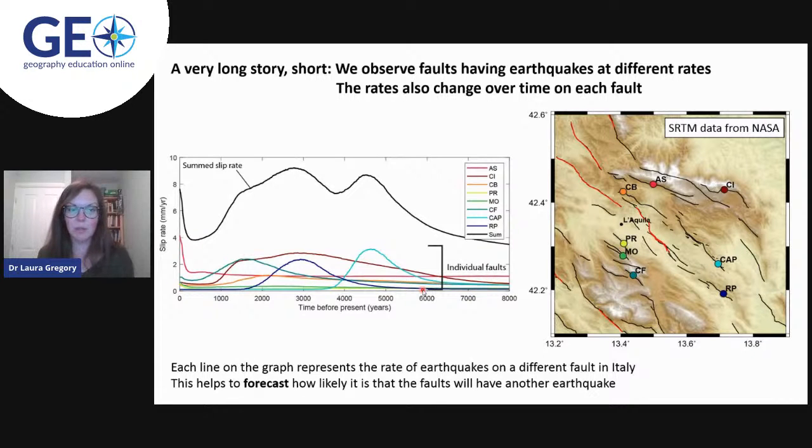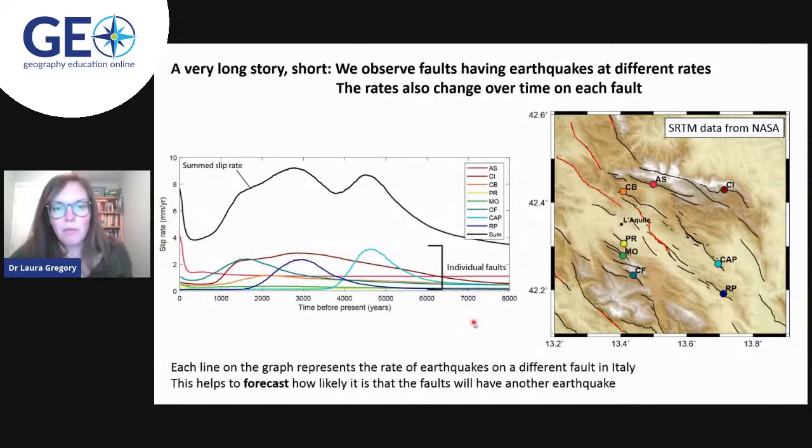So the rate of slip, so how fast they've sort of come out of the ground due to earthquakes. Each of these lines is the data from one of these sites. So like here, Cap in blue is represented by this line. And on the y-axis here, we can see slip rate. So that's how fast it moves.